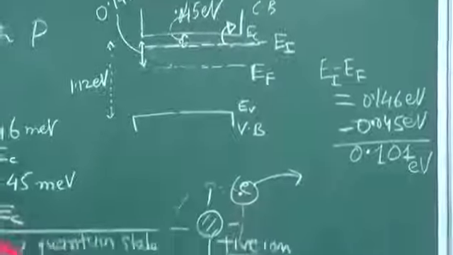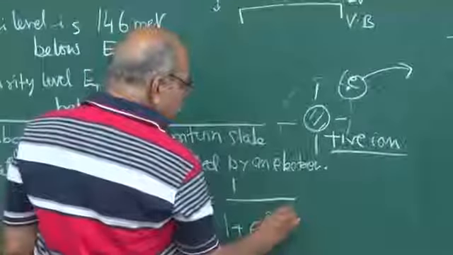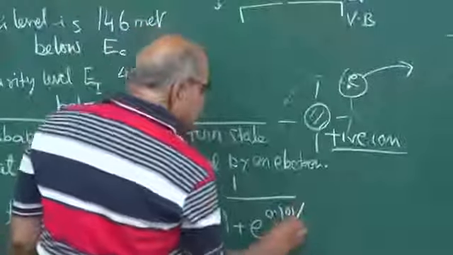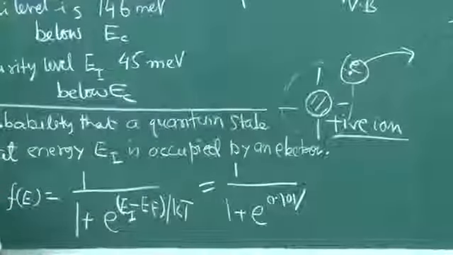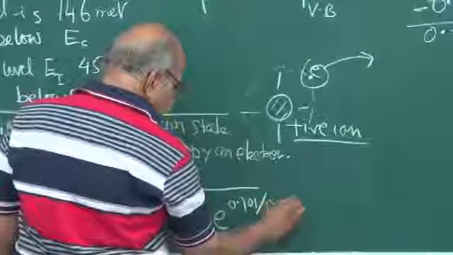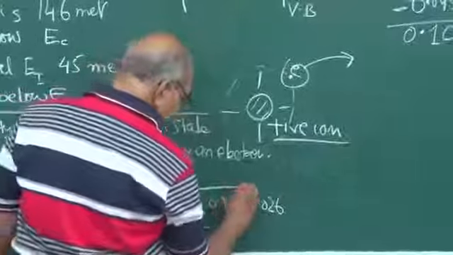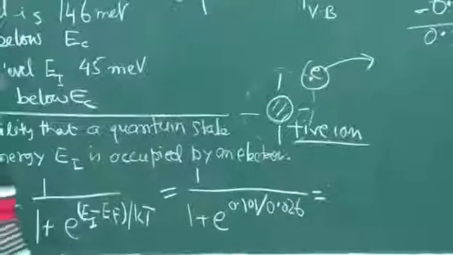So this is 0.101, and then that divided by kT. Taking room temperature 300 K, kT is 0.026 eV. So let us work out how much this is.